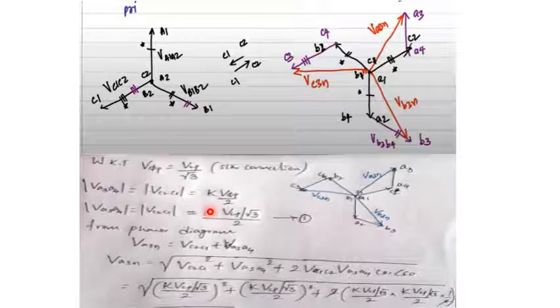Now I substitute the value of VΦP for the star connection on the primary side, that is VLP divided by root 3, and call it equation number 1.